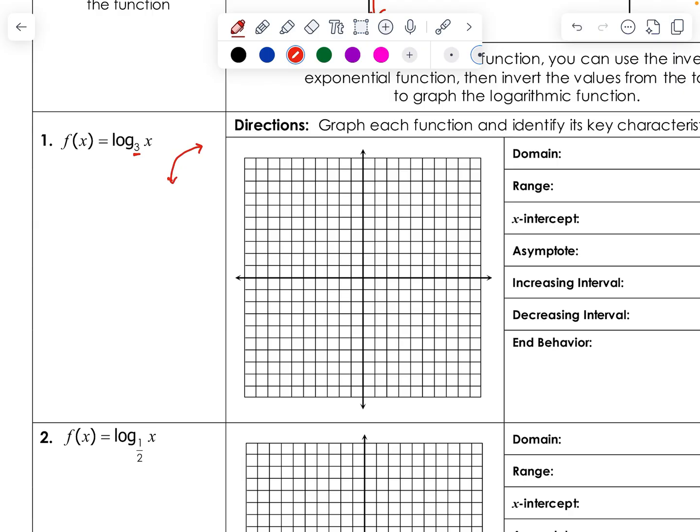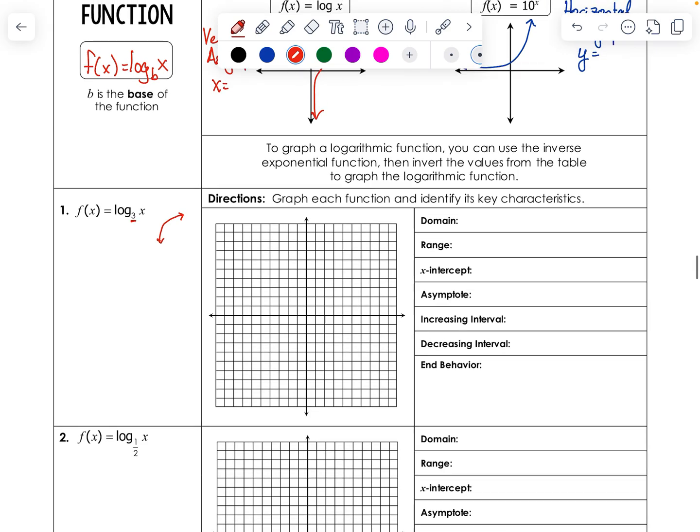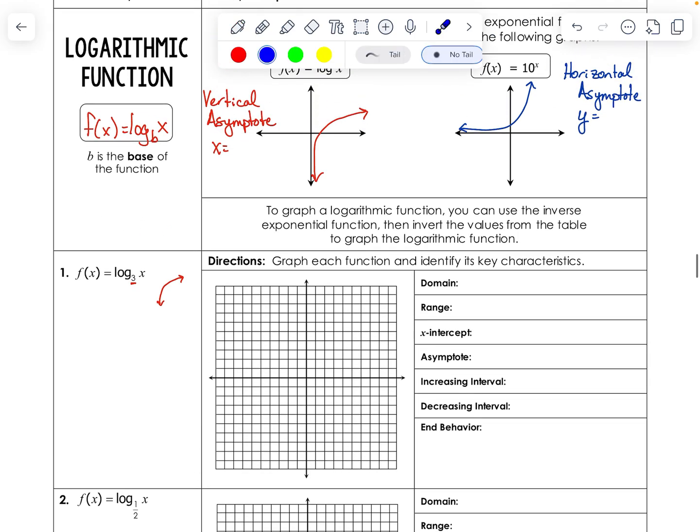Okay. So remember, these two are inverses of each other. So my domain of this exponential function was negative infinity to infinity, which means that's going to be the range of my logarithmic function.